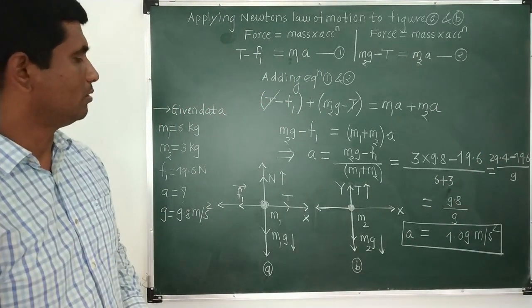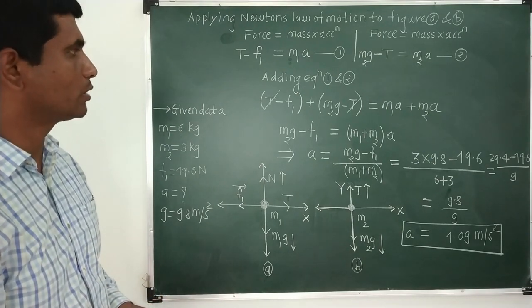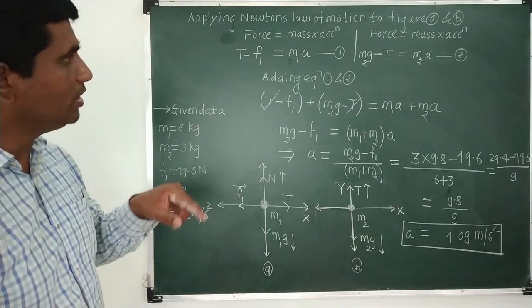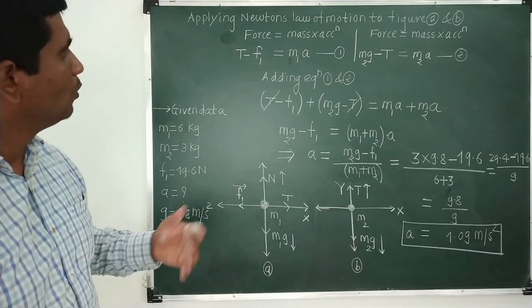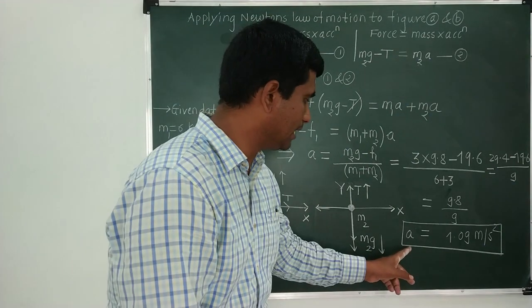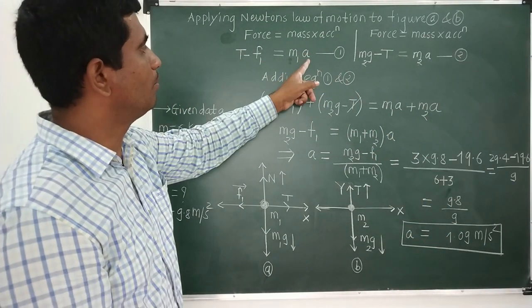In this problem only acceleration has been asked to calculate. If the value of tension is also asked in the exam, what you have to do is simply take the value of acceleration and put it in equation number 1.